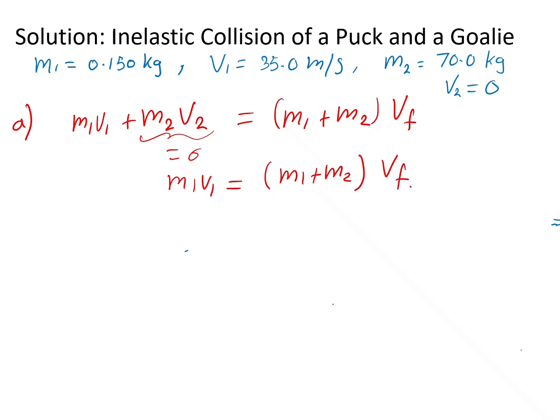So we can rearrange this to find v final. v final is equal to m1 v1 divided by m1 plus m2. Now we can substitute the values.